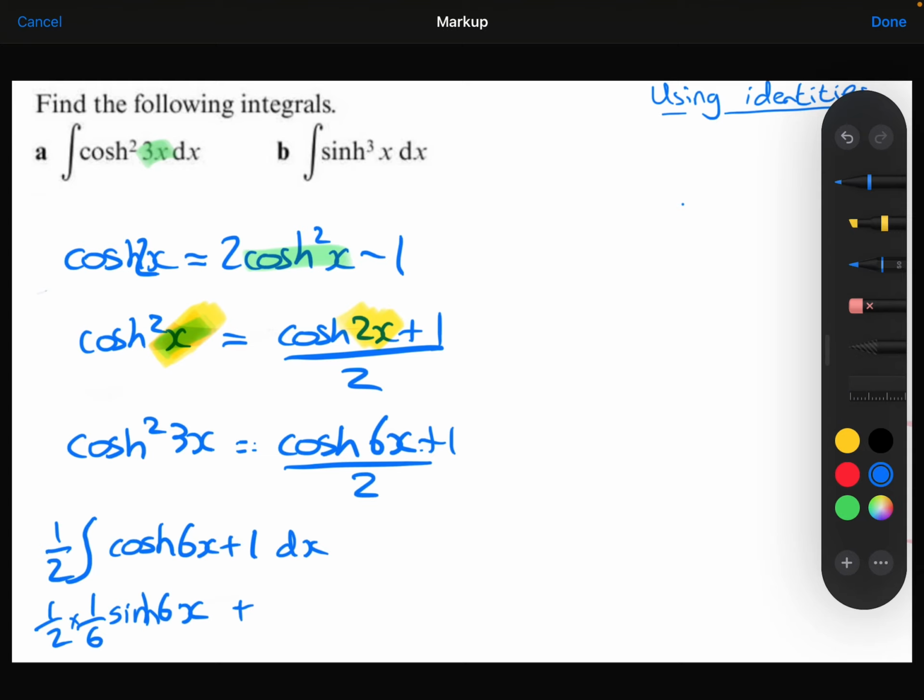Plus the 1 is going to integrate to be x. And don't forget, obviously, the half we had at the front there. So that's going to simplify to be 1/12.